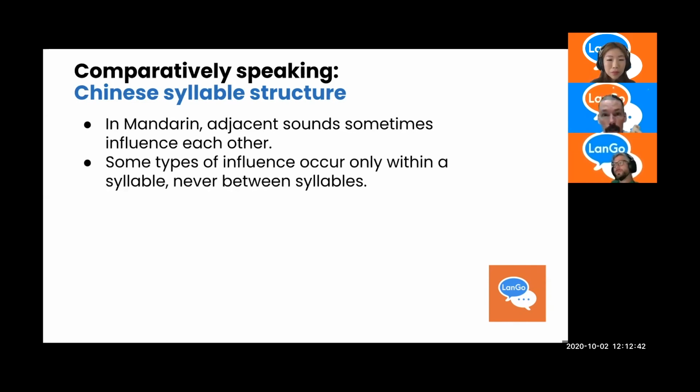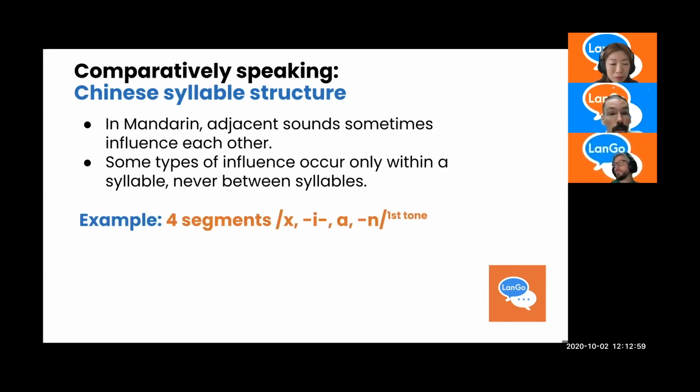In Mandarin, adjacent sounds sometimes influence each other. By that, I mean if they're next to each other in a syllable primarily. It can occur across syllables a little bit, maybe less important to learn, but within a syllable, we see huge differences.